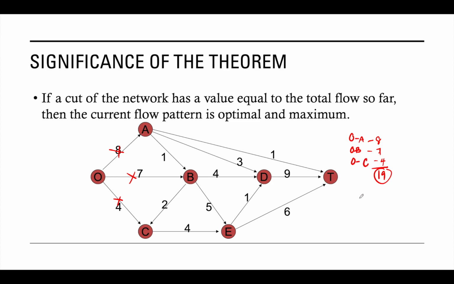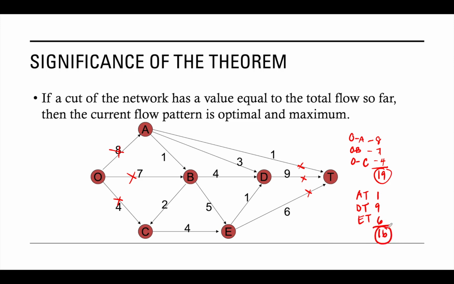Another possible cut is AT, DT, ET. So imagine, remove this, remove this, remove this, flow from O to T is now impossible. The total of the arc capacities is 16.